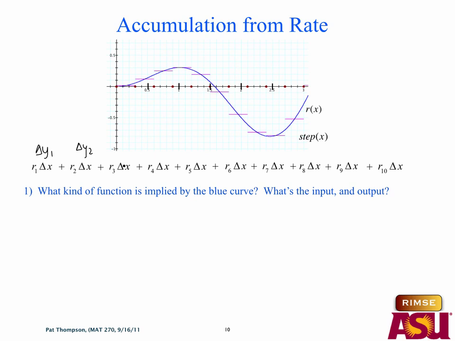But there are two quantities implied anytime you look at a rate function, because it's a rate of change of one quantity with respect to another. So there's some quantity Y. Maybe it represents distance. Maybe it represents work, something, right? And this function is showing the rate of change of that quantity with respect to X at any given moment in time.